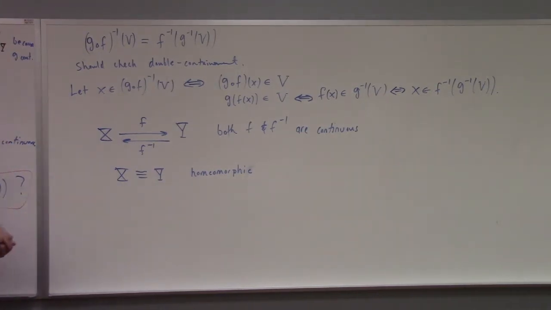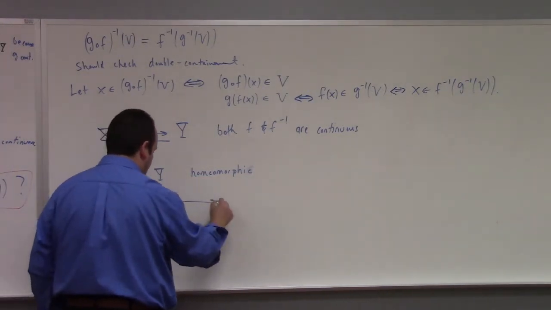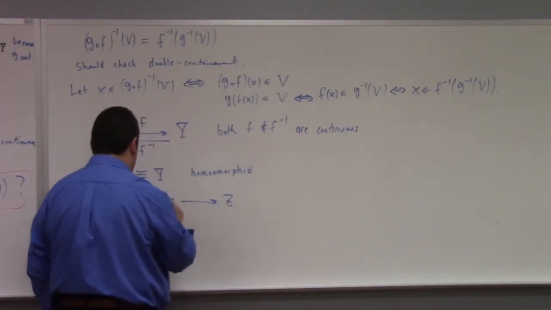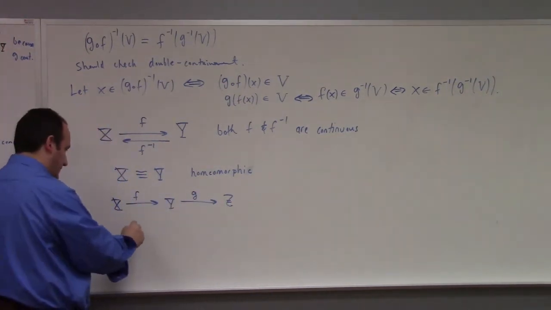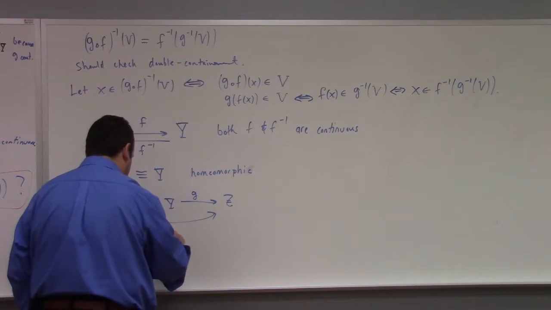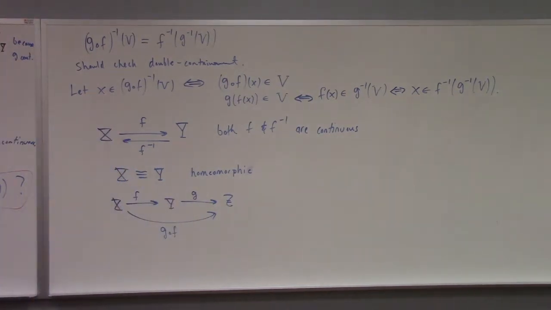And if I had an X, a Y and a Z, and this was F and this was G, then of course G composed with F would go from X to Z. That would be the composite of bijections, which is a bijection. And also, since F and G are continuous, G composed with F would also be continuous.